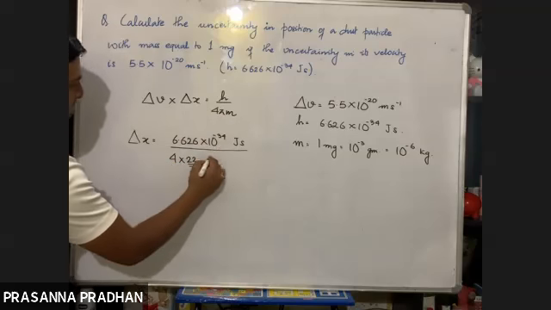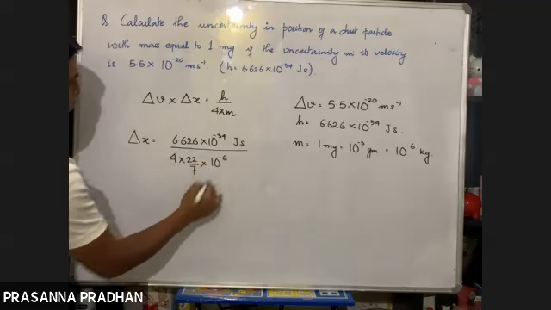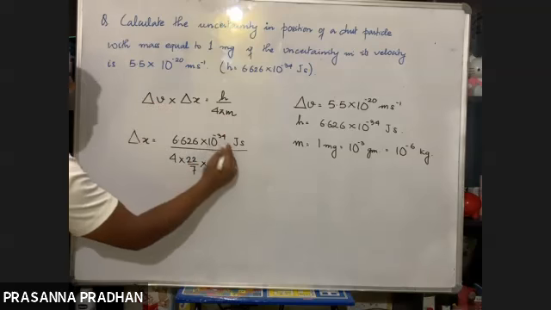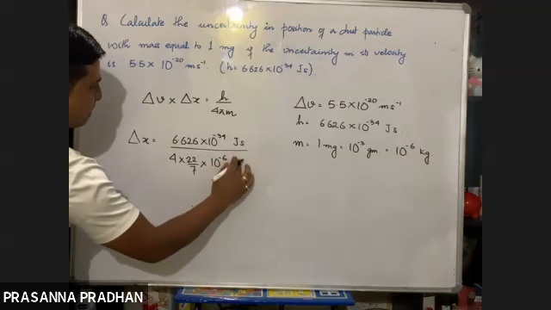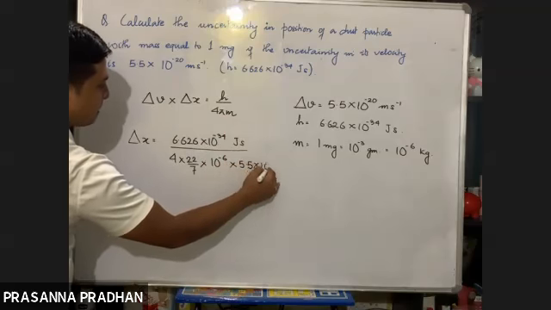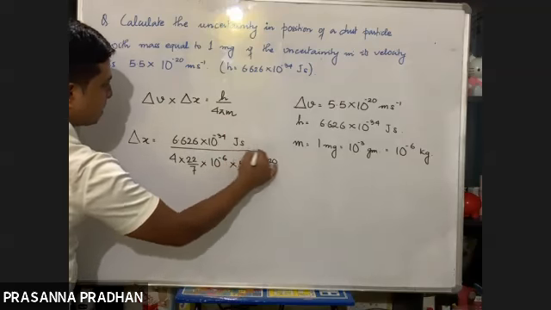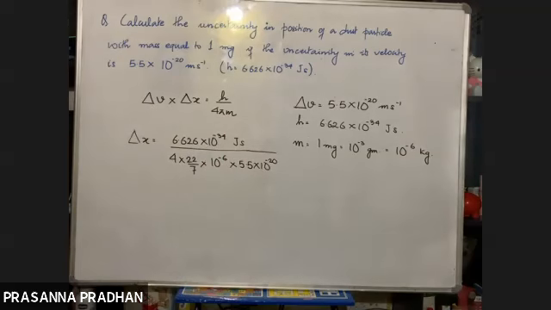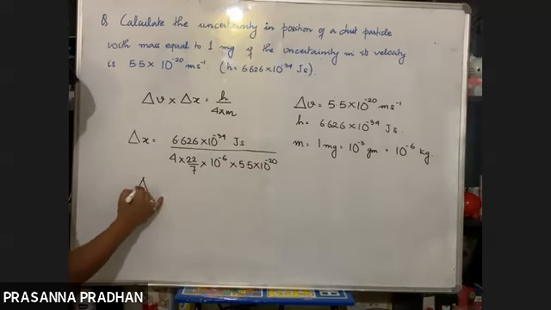What is the mass? 10 to the power minus 6. And this delta v will come below. What is delta v? 5.5 into 10 to the power minus 20. Now this much we have to calculate.